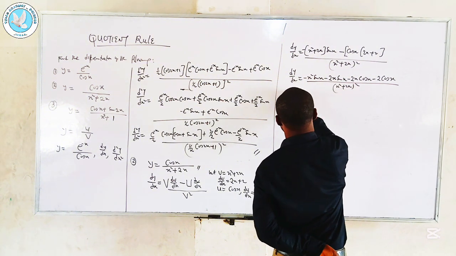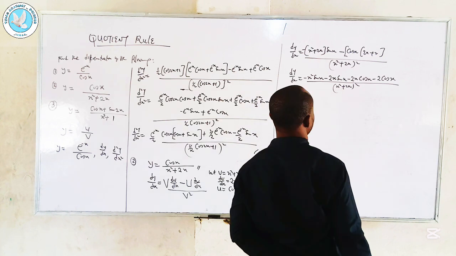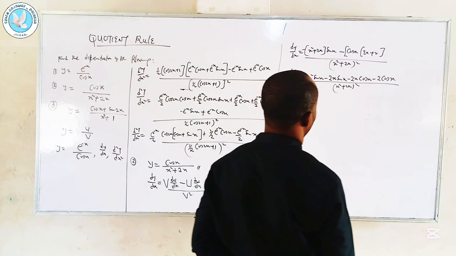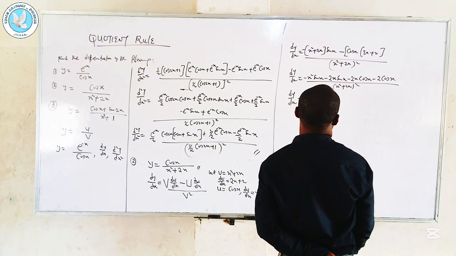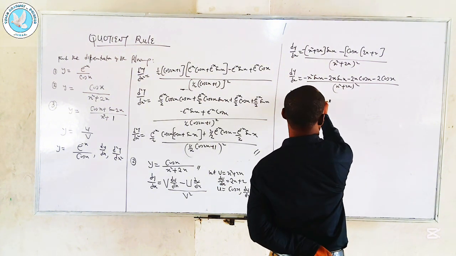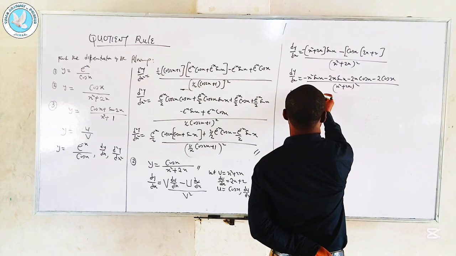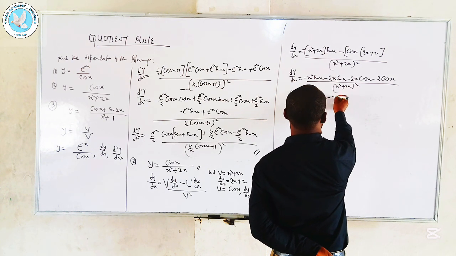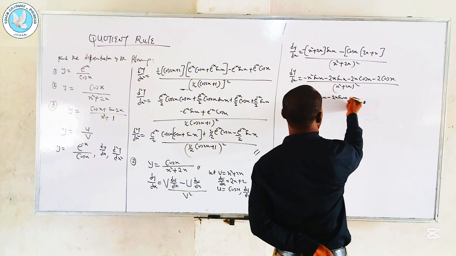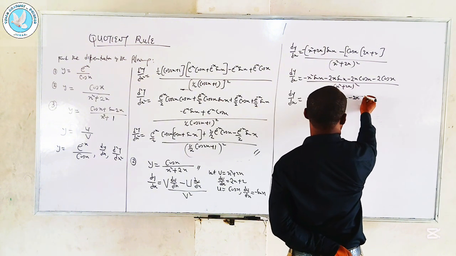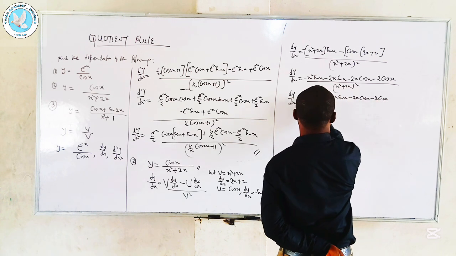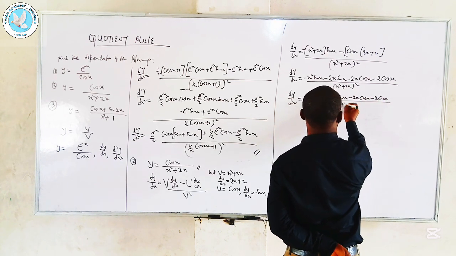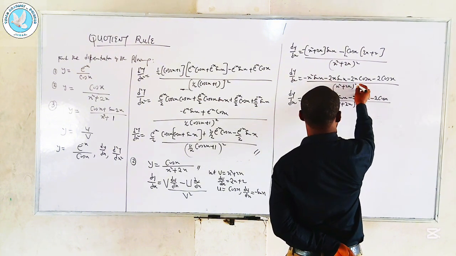So dy/dx is actually equal to minus sine x, minus 2x sine x, minus 2x cos x, divided by this squared.